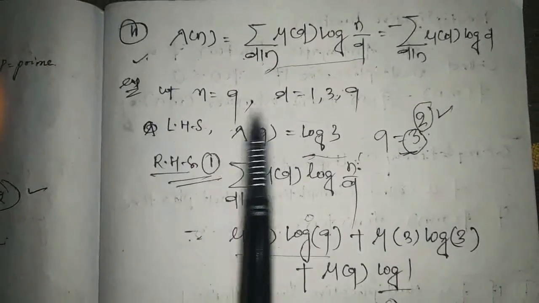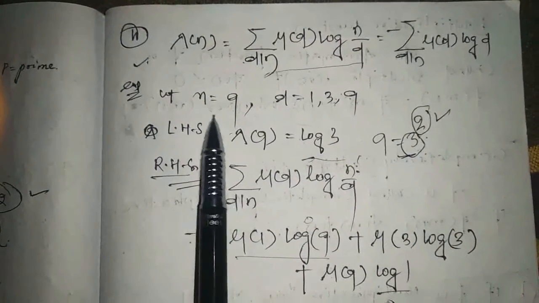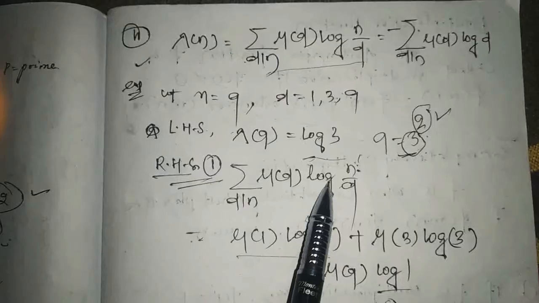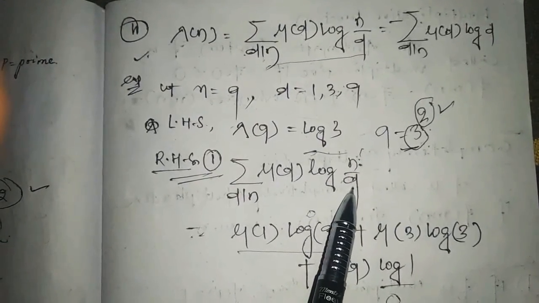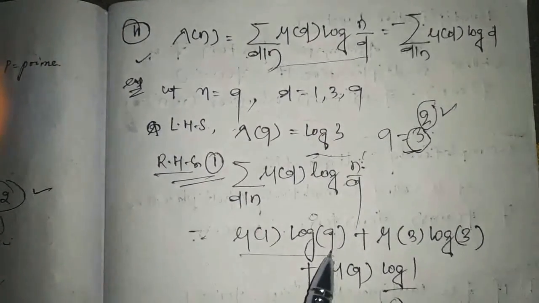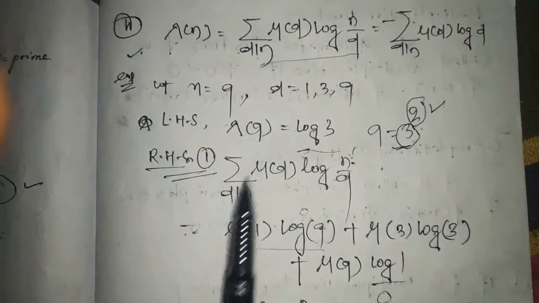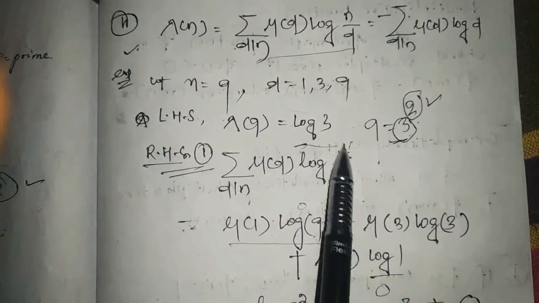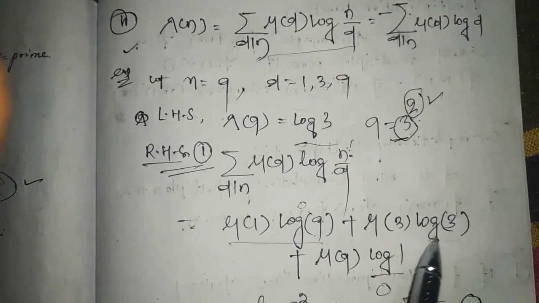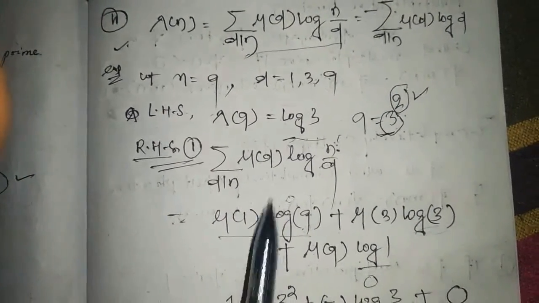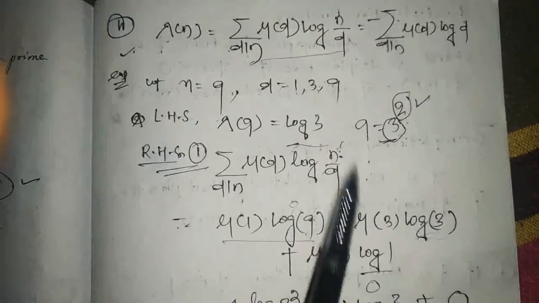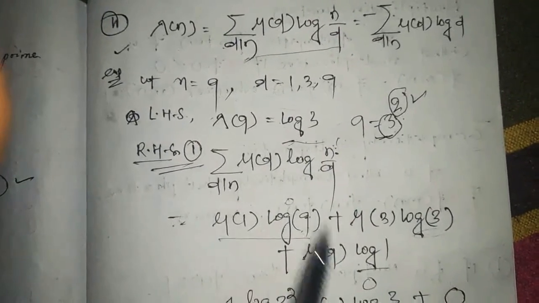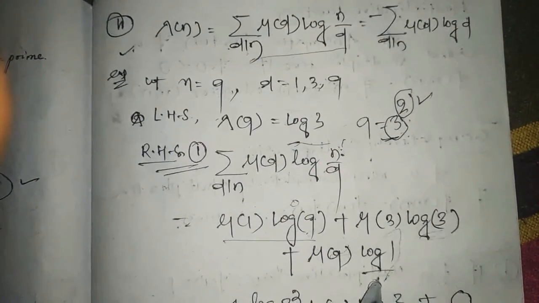For divisor 1 divides 9, so mu 1 log 9 by 1, 9 by 1 is 9. For d is equal to 3, mu 3 log 9 by 3, which is log 3. And for 9, mu 9 and log 9 by 9, which is log 1.